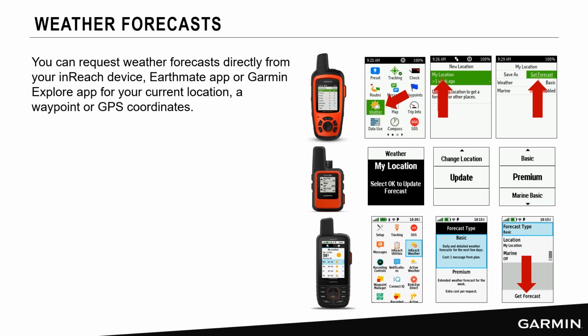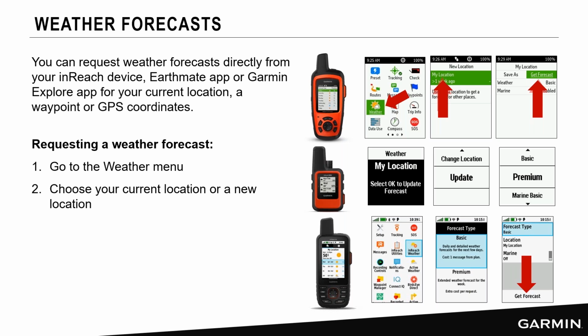So, looking at how to create a weather forecast on all of the devices, there's a weather page. You choose the weather page, and go to the weather menu. You can choose a forecast for your current location, or you can choose a location where you're going. Say you're at a trailhead and you're hiking for 2 days.